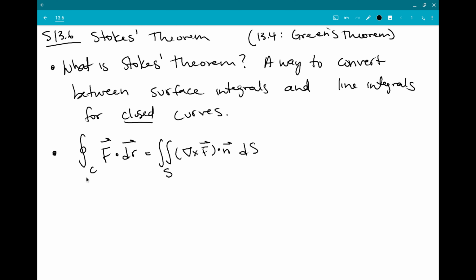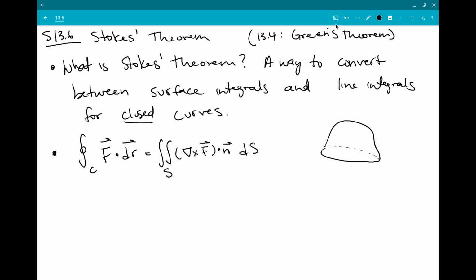Okay, here's the Stokes theorem formula that you're always going to want to be able to refer back to. I'm creating a little picture that we can use to talk about this idea.